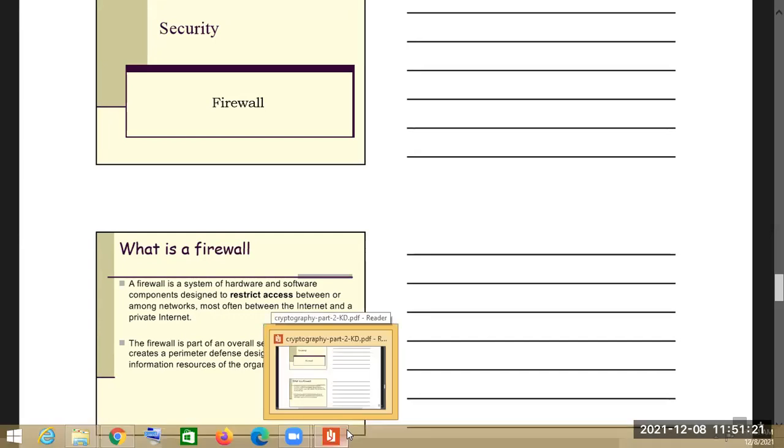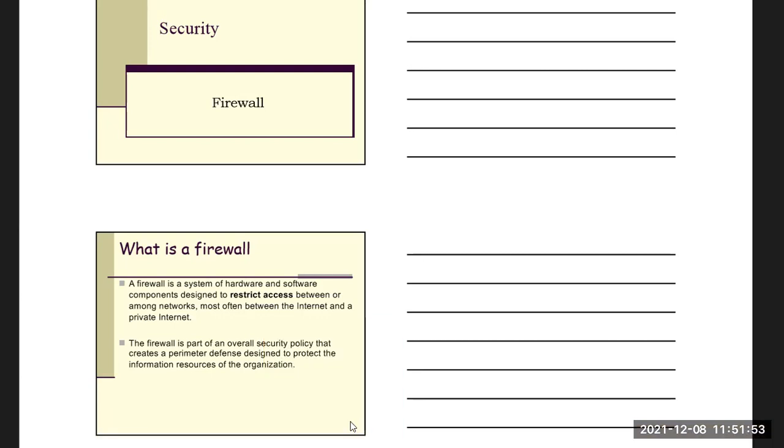Let's say there are two networks, a public network and a private network. The public network is what we reach when we search on Google, and in the LAN there are systems connected. Between the public network and the private network, we use the firewall.